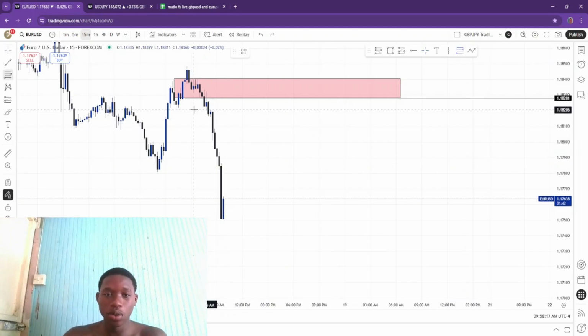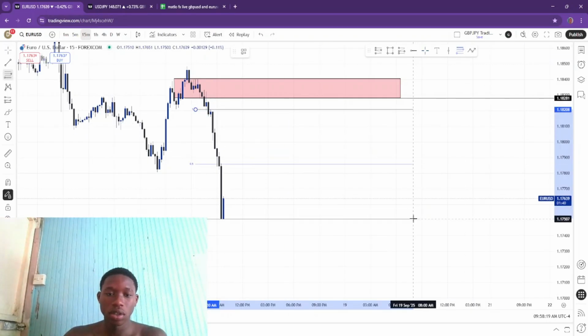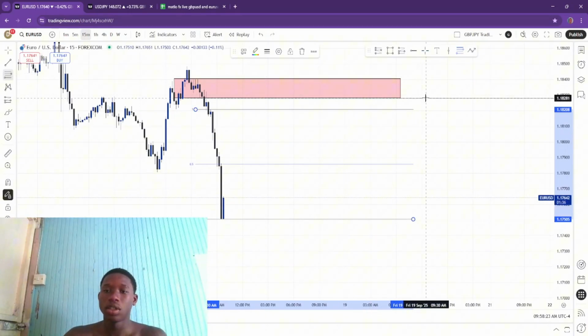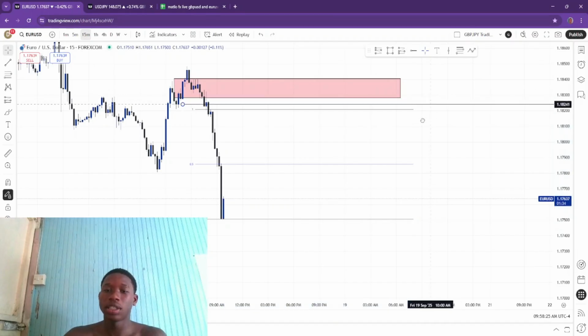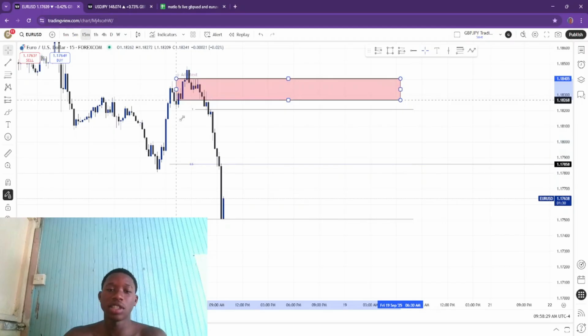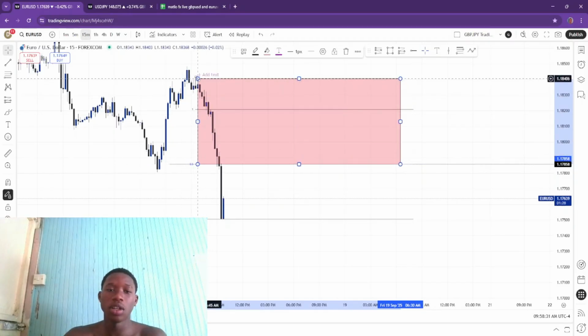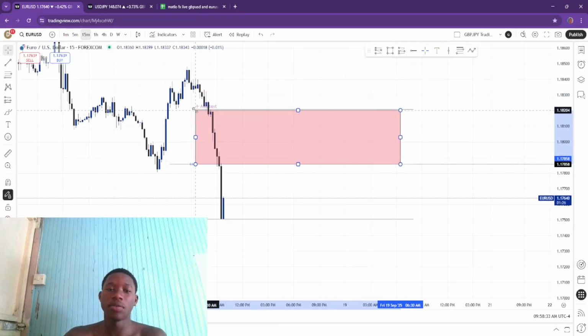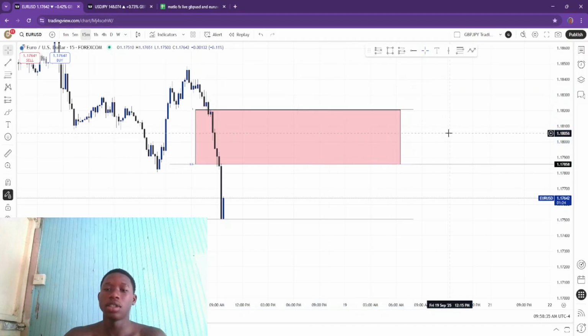Let's draw a new equilibrium point. That's our halfway point. So we're looking for price to come on top of that section so we could sell down lower, because the 4 hour and the 1 hour are in a downtrend.